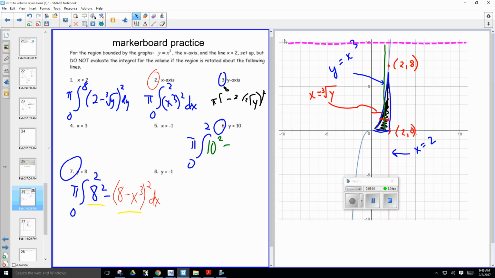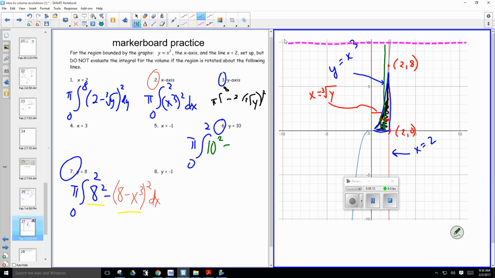Okay? Now we're going to cut out the inside part. I still am starting with 10. We know the 10, and we know that little distance right there. We have to use those to make our radius. So it's going to be 10 minus our function, 10 minus x cubed.